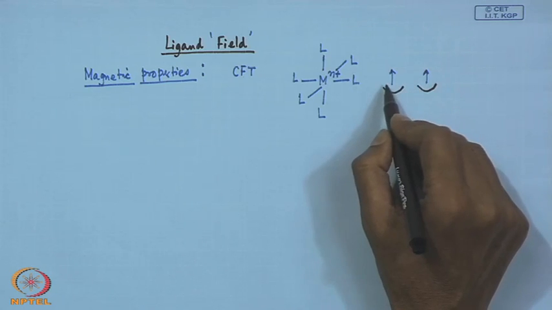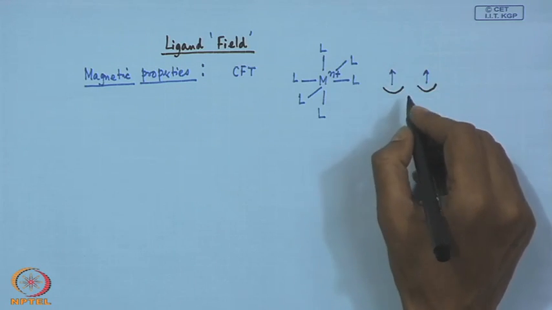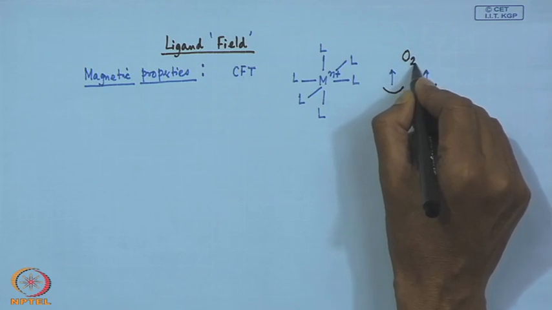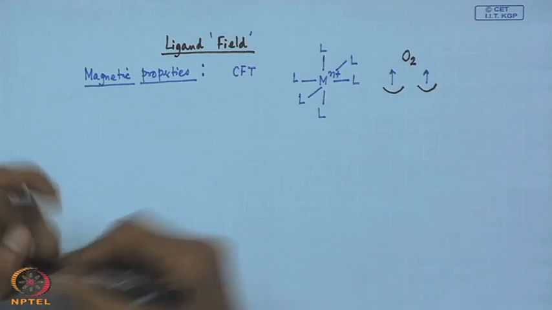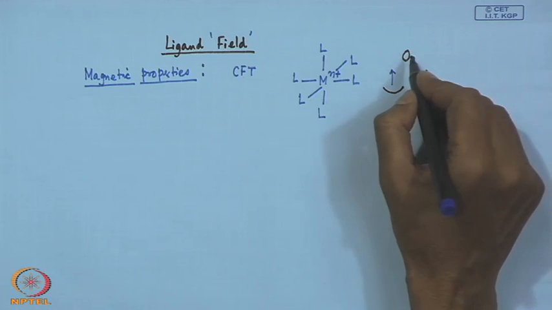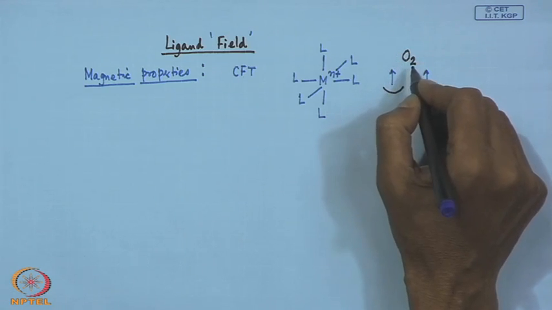that in different biological systems we can have several paramagnetic centers, and those paramagnetic centers can bind some other small molecules which are very useful for our living or different living organisms, such as O2 molecule, which itself is also paramagnetic.